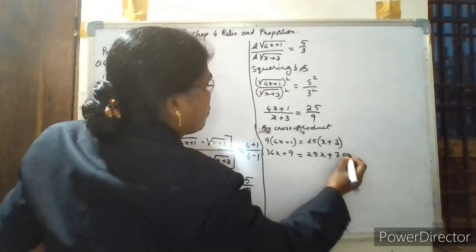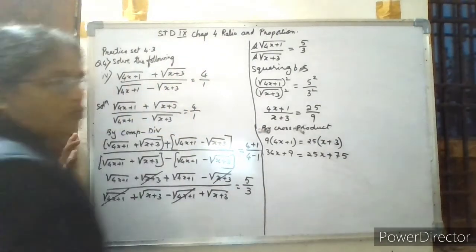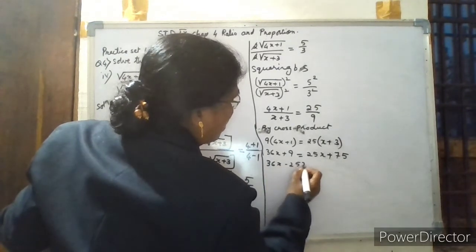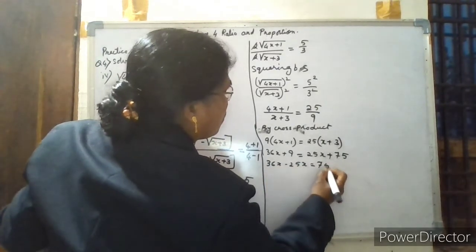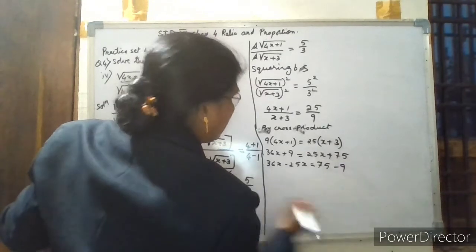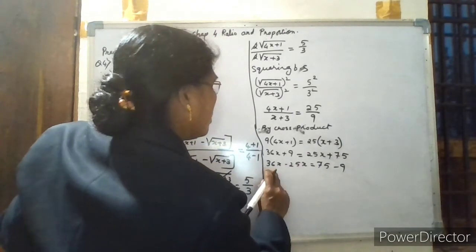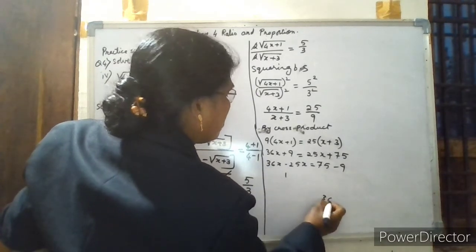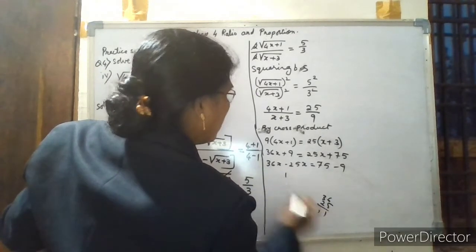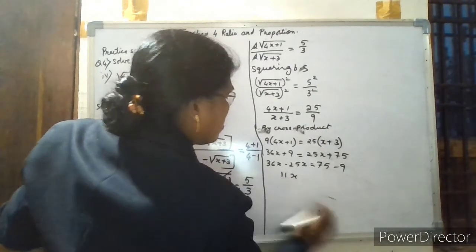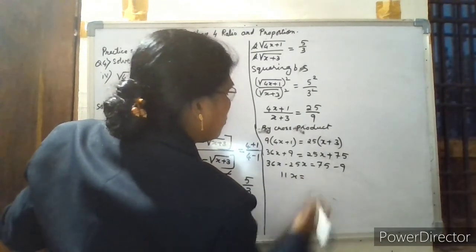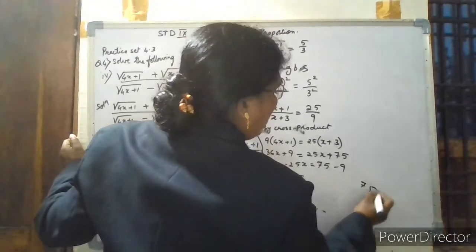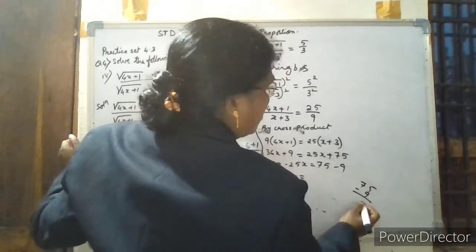So bring all the x terms to one side. So 36x minus 25x will be equal to 75, and this 9 will go to that side as minus 9. So therefore here, now this becomes 36 minus 25, that is 11x, is equal to 75 minus 9, which is 66.